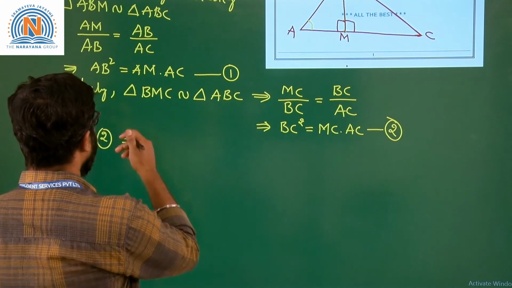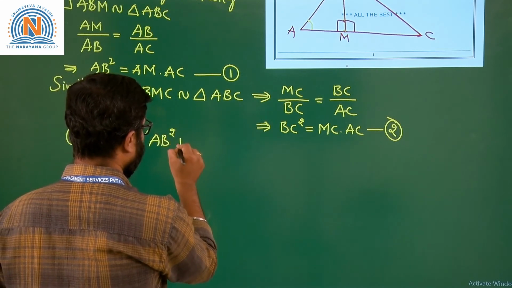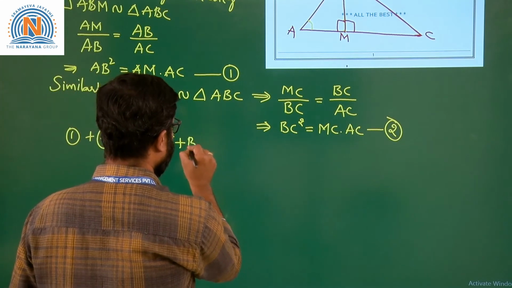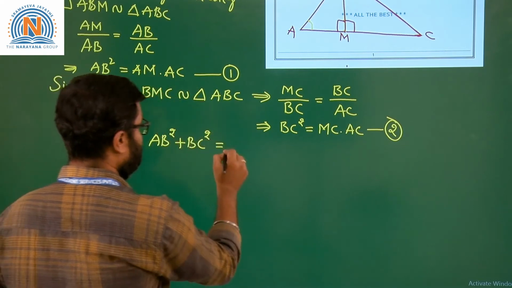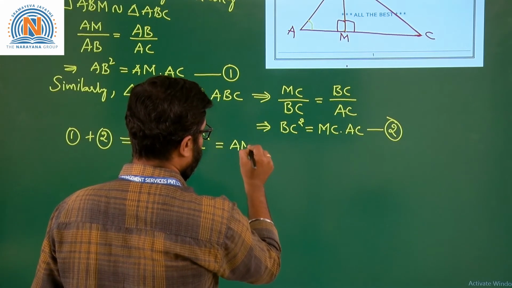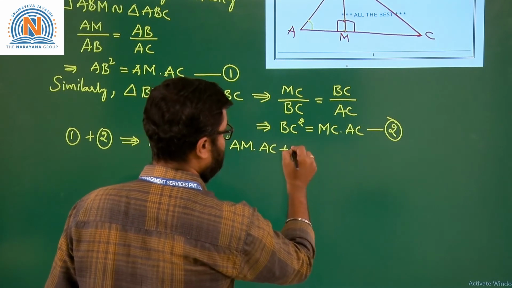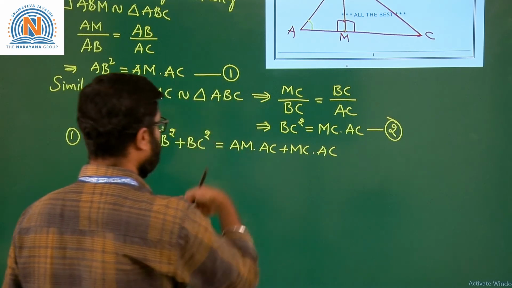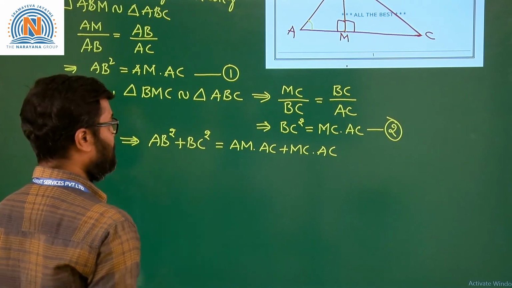So now the LHS are added, that is AB square plus BC square is equal to AM into AC plus, here, this is the RHS, MC into AC. So both LHS are added, both RHS are added.